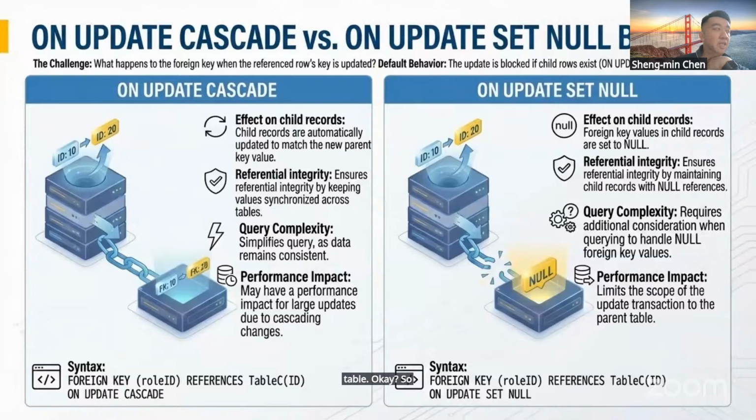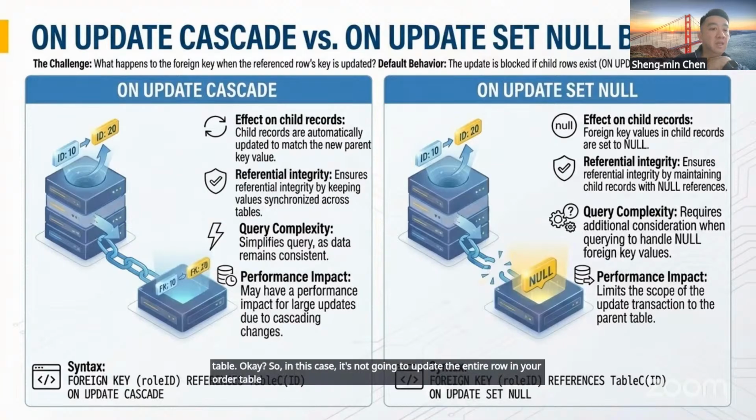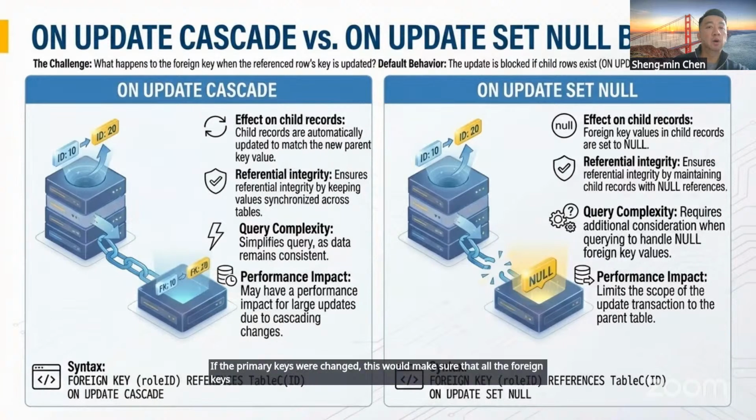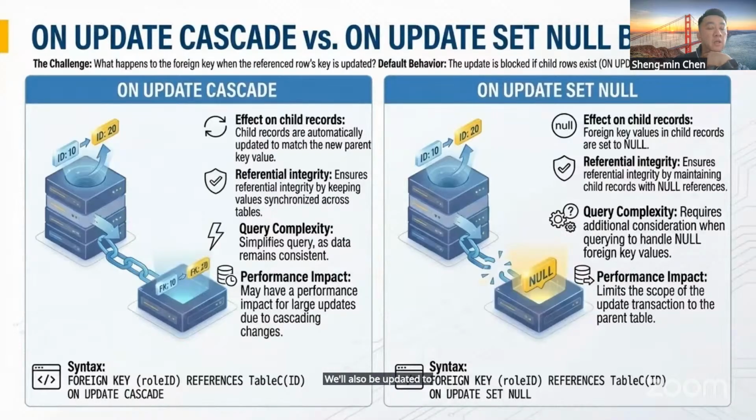So in this case, it's not going to update the entire row in your order table. And this comparably sounds like a somewhat logical thing to do. And it's probably a good solution, an alternative to doing nothing at all. So on update cascade, if the primary key changes, this would make sure that all the foreign keys will also be updated to the new value of the primary key.